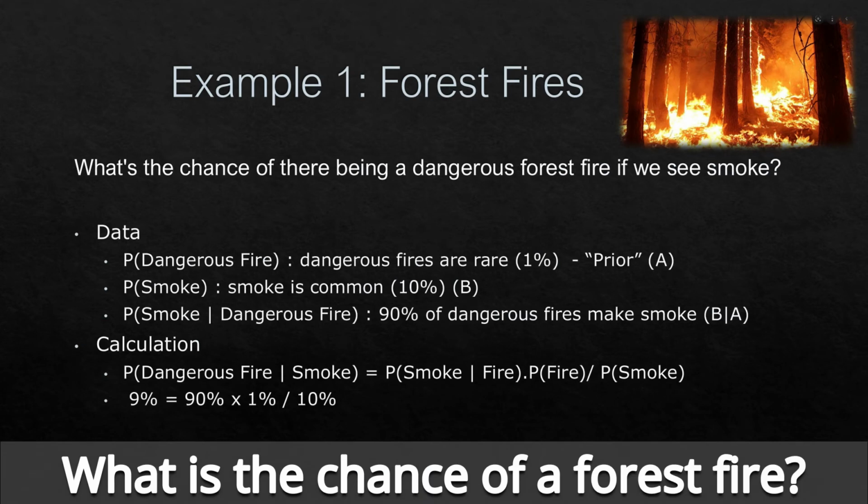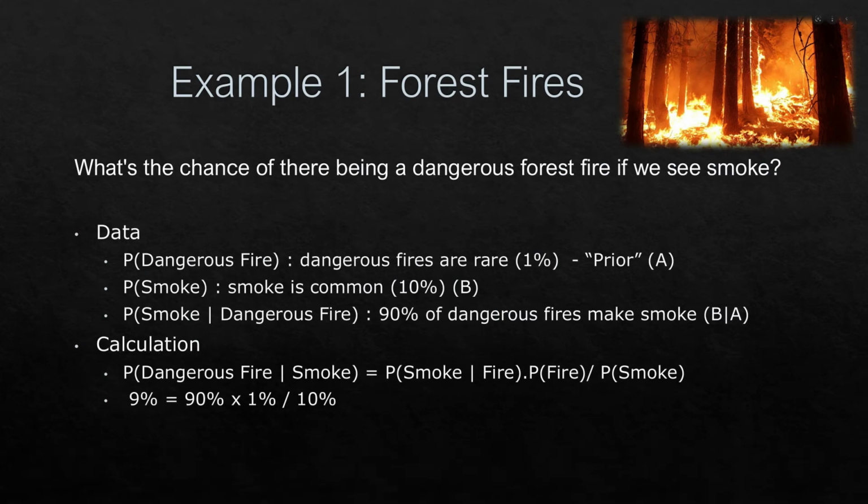So let's have a look at some examples, which is really the point of this third video. I took some examples that are on YouTube already, so I put the references at the end of this presentation for where you can find the details for these. The first example of using Bayes' theorem is to work out the probability of forest fires in certain conditions.